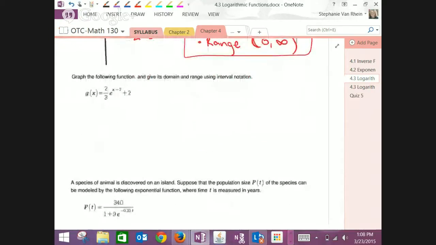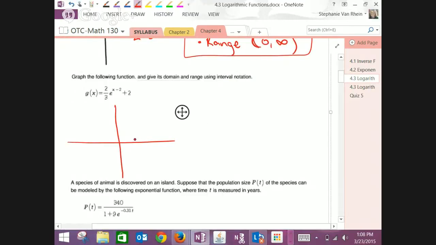The next graph looks a little more complicated, but it's not. I can plug in a point. I can plug in x equals 2, just like we did above. If I plug in g of 2, I have 2/3 e to the 0 plus 2, which is 2/3 plus 2, which is 2.6, approximately.